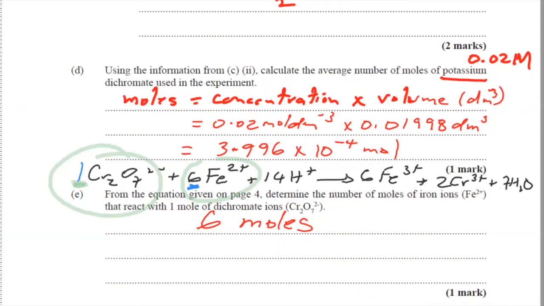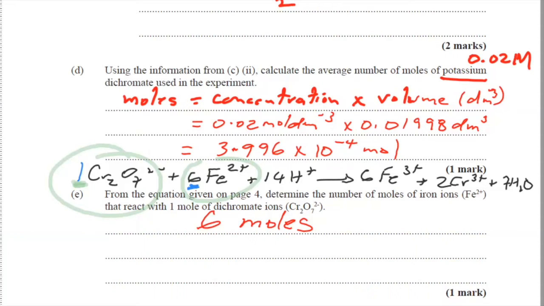All right, so we're going to take these values that we have and apply them to the following question. The next question, which we'll look at shortly, part F, says calculate the number of moles of iron in the iron salt sample. We know the number of moles of dichromate that was used.